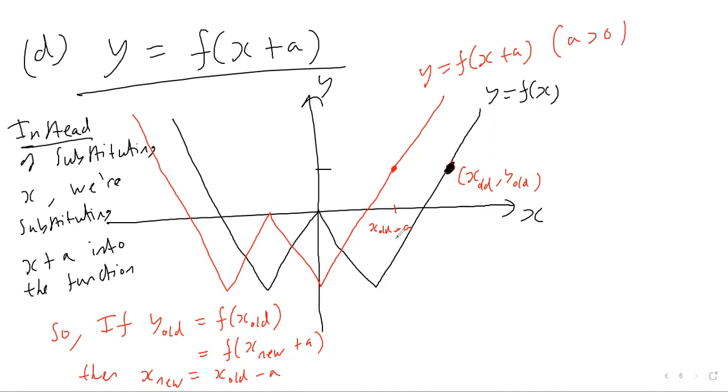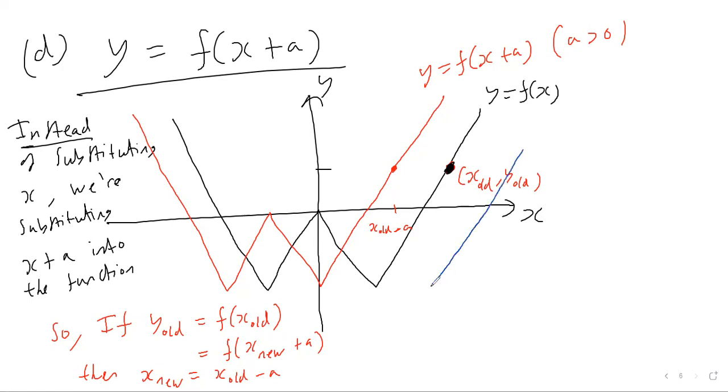So if a was a positive number, then we're doing the old x coordinate, take away this positive number, so we're shifting the graph to the left. However, if a is a smaller number than zero, like a negative number, you're doing f of x take away a number. So you're moving it to the right instead, because x old minus a negative number will give you a bigger number, so your new x coordinate is getting bigger.